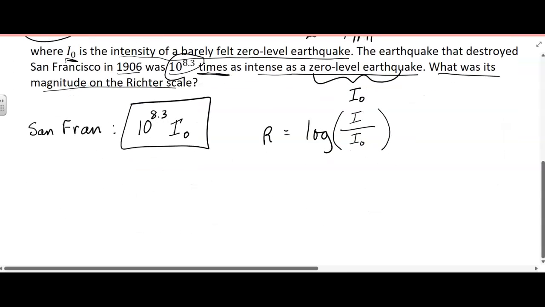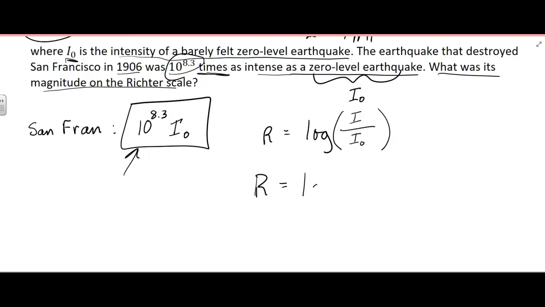Well, what was the intensity of the San Francisco earthquake? Right there. So on the Richter scale, that's going to be log of 10 to the 8.3 I naught over I naught.